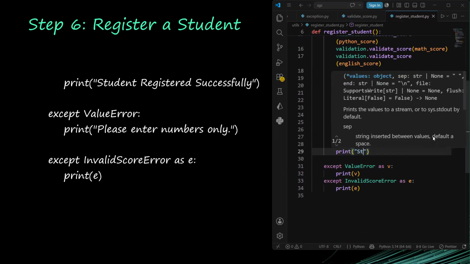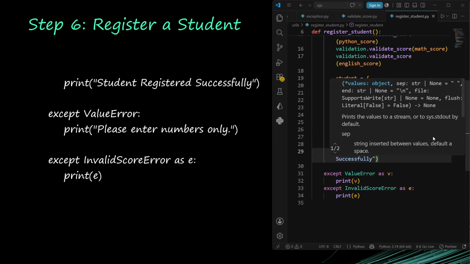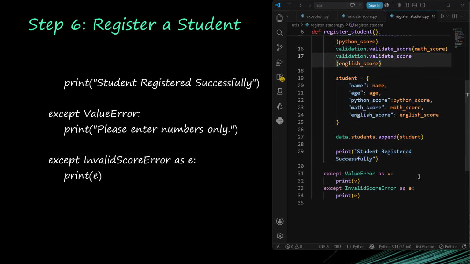Then, once we are done with that, we want to print student registered successfully. All right, so that's what we have. So once there is an error, value error, what do we want to do? We want to print a meaningful message.